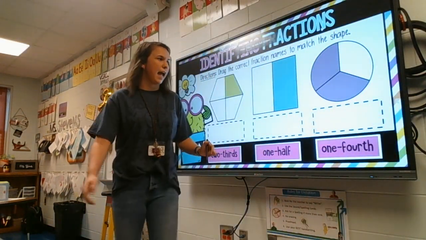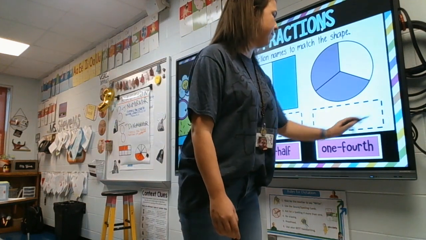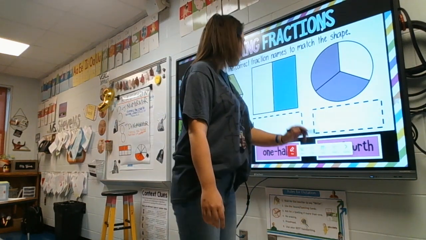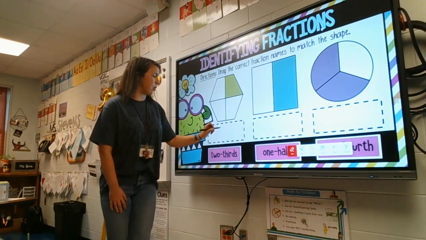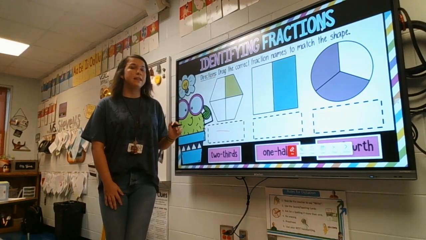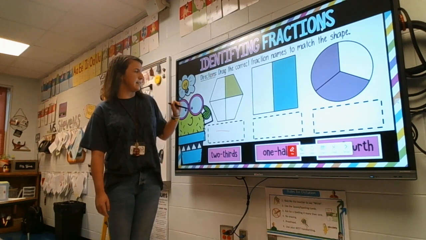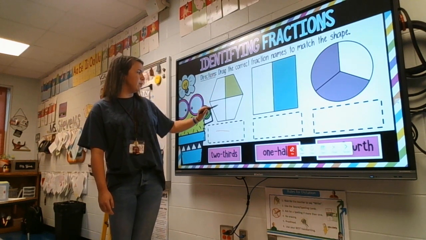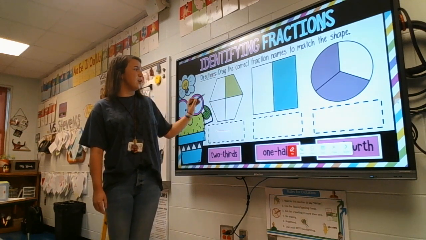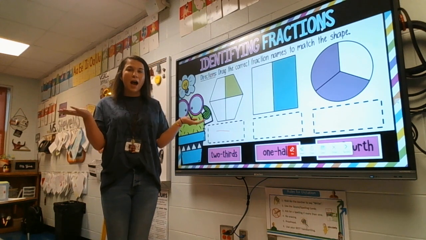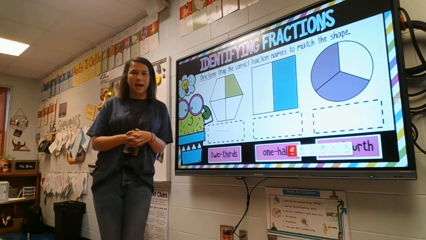All right, let's look at these. First, I'm going to draw my fraction line. The total number of parts in this shape is how many? Let's count. 1, 2, 3, 4. So my total number of parts is 4. Is that going to go on my top or my bottom part of my fraction line?